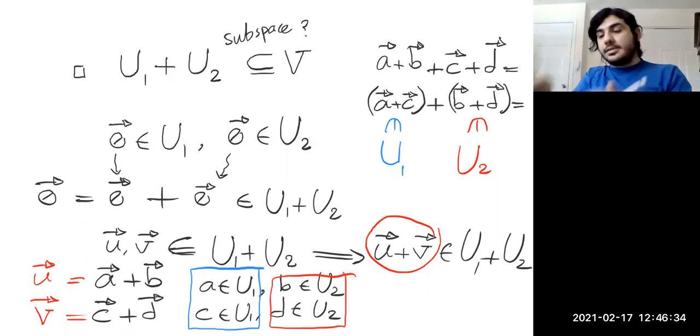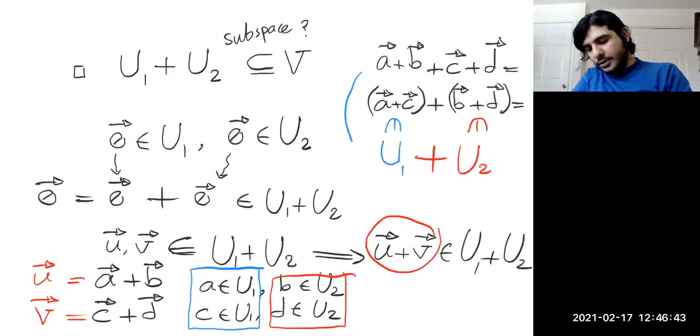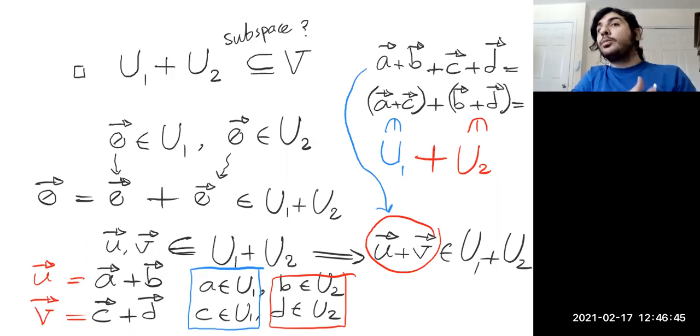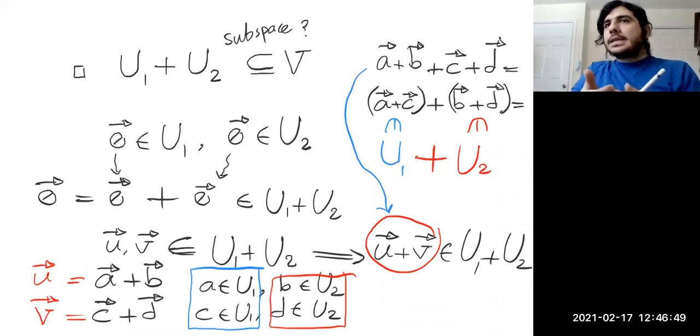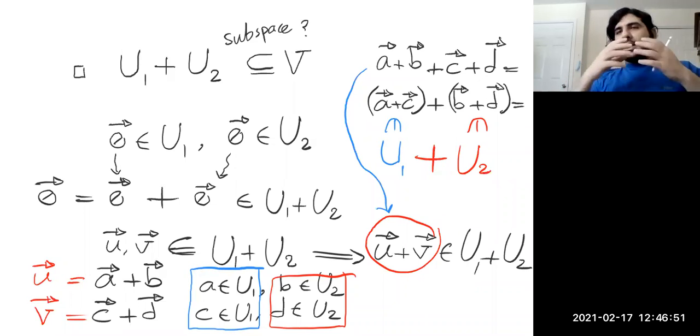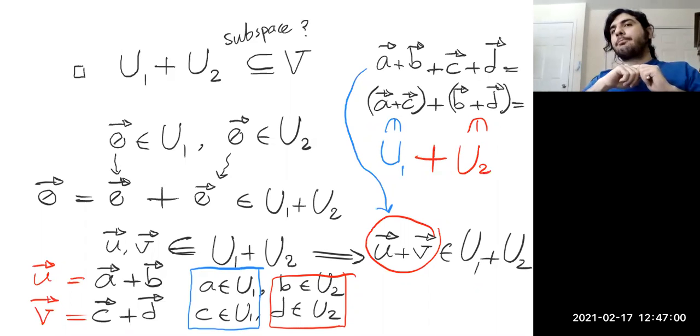By definition, their sum is in U1 plus U2. But this thing was equal to what? It was equal to U plus V. So U plus V is in U1 plus U2. We should do the same thing for other properties, and we can see they all hold. And actually, U1 plus U2 is the smallest subspace which has both U1 and U2. Okay, we should check that for scalar multiplication, etc.